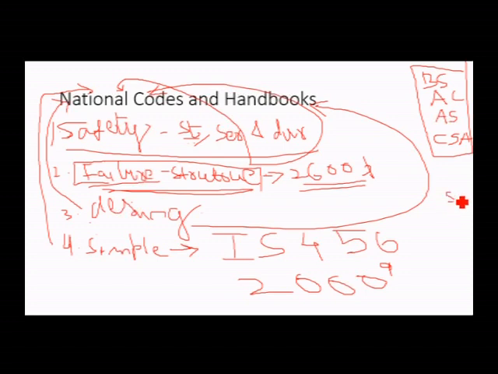Those are SP 16, which is used for steel, and SP 34, and IS 10262, which is recommended guidelines for concrete mix design. These are some of the important other code books which have to be used for the design.